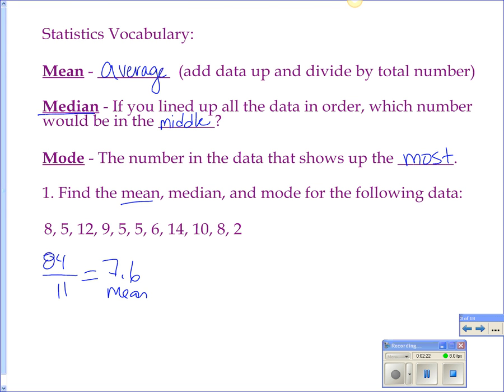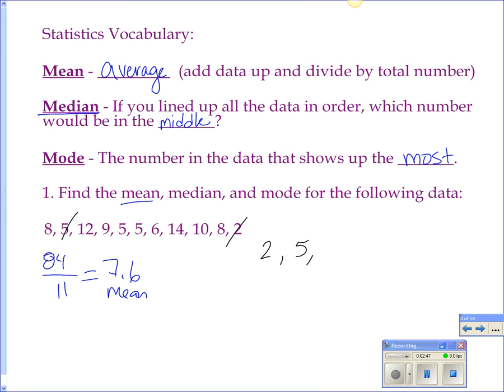All right. Madison, for the median, what does it say we have to do? For median, you have to put them in order first. So you're going to do the smallest one. What's the smallest number up here? 2. Then what? 5.